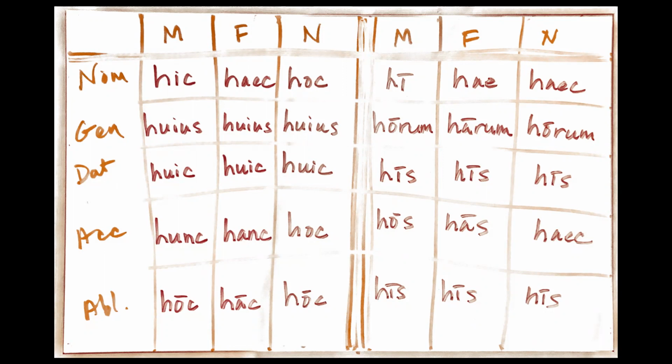So take a look at the genitive, take a look at the dative, see what's going on. And also remember that for hic, haec, hoc, you've got that C on the ends of some things that is specifically there for hic, haec, hoc and doesn't show up in the declensions of other words.